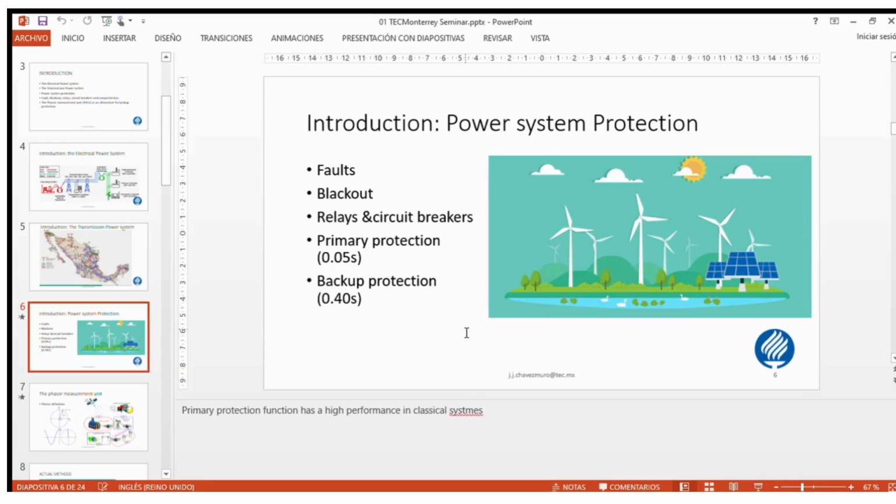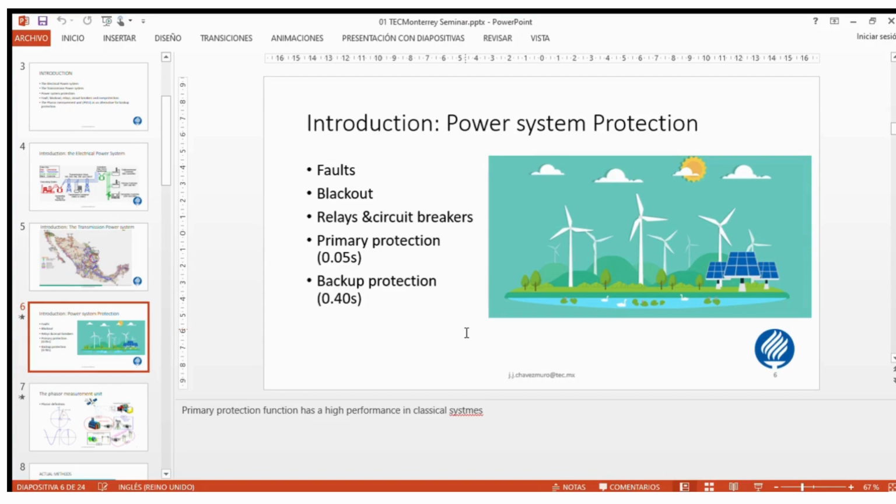However, we always protect every single element of the system, not only one time, but 2 times, and sometimes 3 times, because we want to make sure that we're gonna isolate the part of the system under fault.